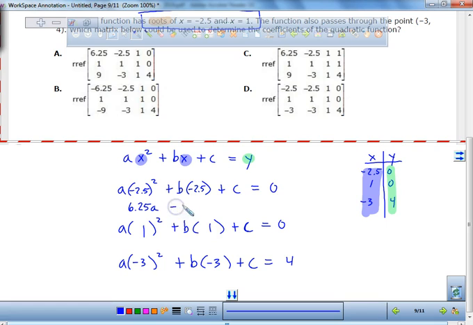That becomes a negative 2.5b plus c equals 0. This one should be pretty easy, right? Just 1a plus 1b plus 1c equals 0. Negative times negative is a 9a minus 3b plus 1c equals 4.